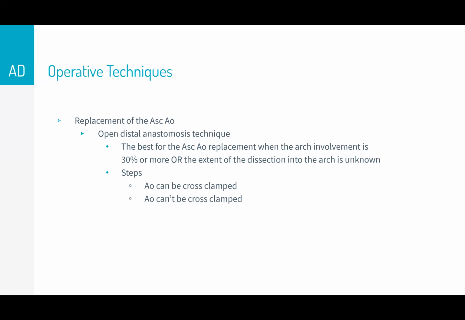At that time, while you are cooling the patient, you will evaluate the aortic valve, and if it's affected, you can repair it or you will decide to replace it. And then you would evaluate also the root. If it's not involved, then the aorta is resected 5 to 10 millimeters above the sinotubular junction. If it's involved, you would replace the aorta.